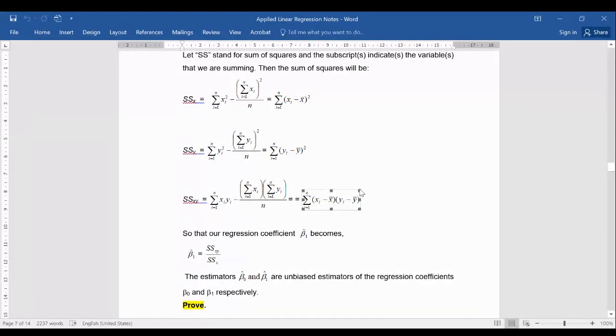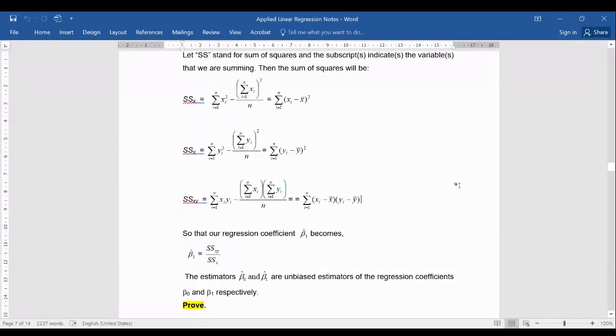I indicated earlier that there are many ways; these are not the only ways of writing SSXY. You saw how I wrote them earlier in the morning. Now we want to show that this beta 1 hat is an unbiased estimator, which means the expected value of beta 1 hat should give us beta 1.